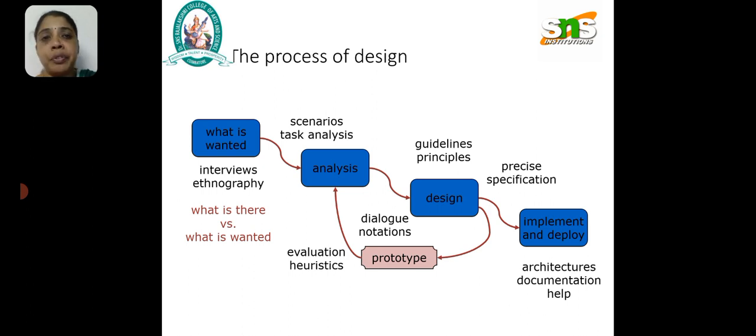After that, we have to frame some principles. Then they move around the prototype, that is, dialogue notation and evaluation heuristics. We have to evaluate whether the given prototype is correct or not. After analyzing, the same steps can be repeated. At last, the specification can be given to the implementation. That is architecture. After the architecture, documentation can be given to the customers. From this, we have learned about the process of designing.